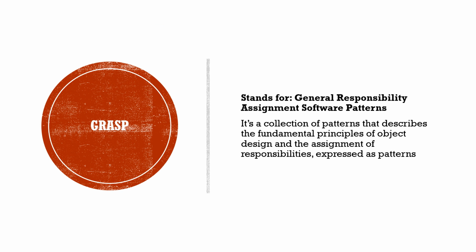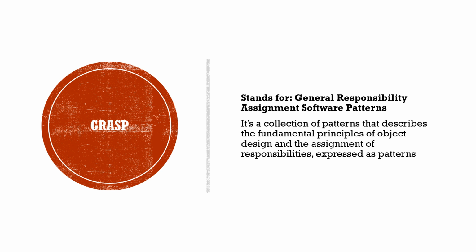It's a collection of patterns that describe the fundamental principles of object design and the assignment of responsibility, expressed as patterns. It's so fundamental that you probably think we don't need to be told about it, or you already use it all the time without noticing it, but we still need to be able to explain everything systematically.